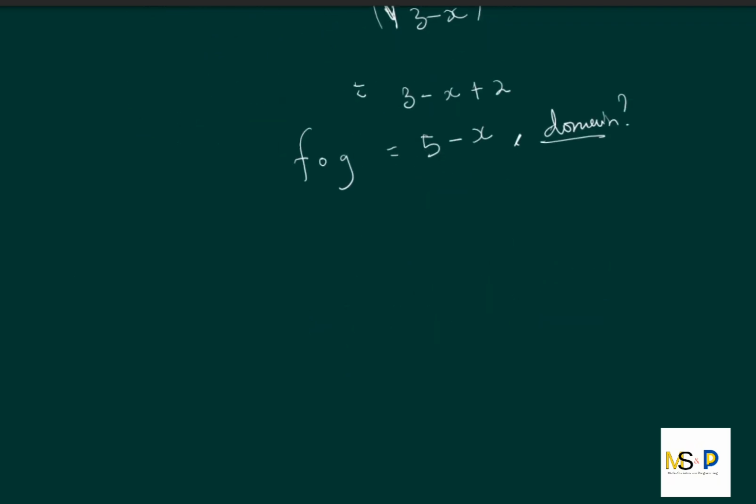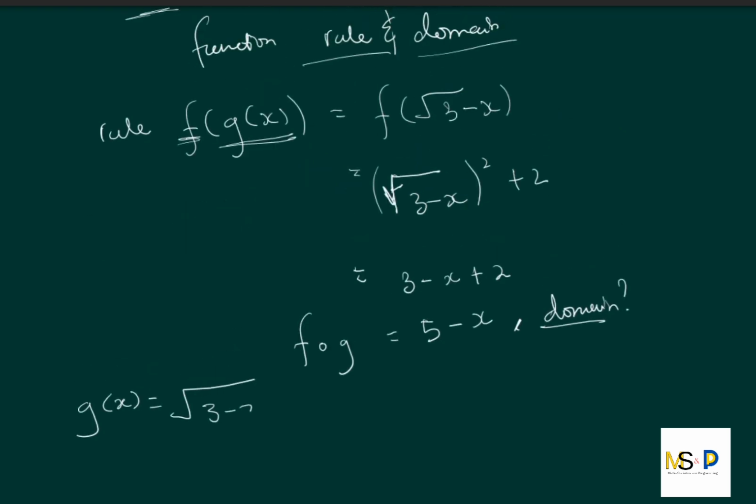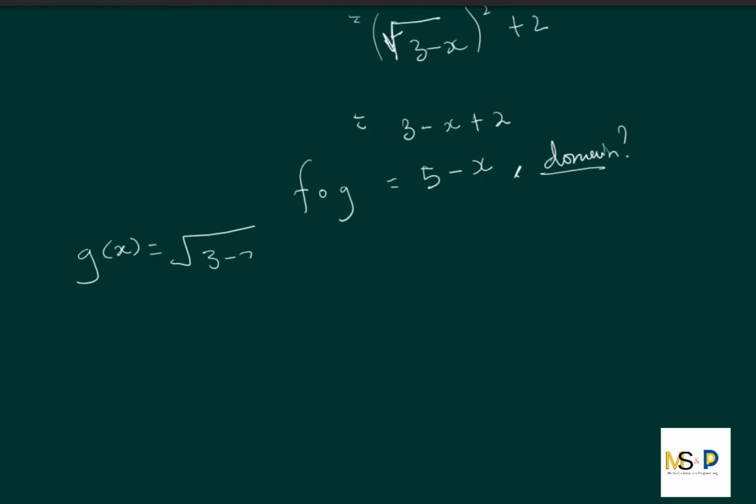Remember our function g of x is equal to the square root of 3 minus x. So we want this 3 minus x to be greater than or equal to 0. We don't want that to become a complex number, right? So to do that, we get 3 greater than or equal to x.